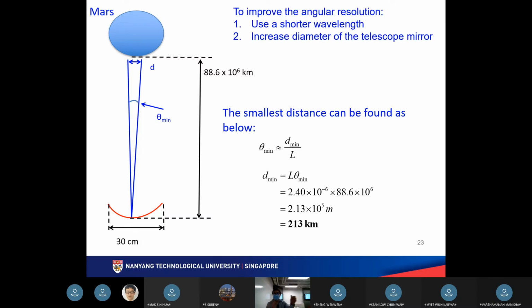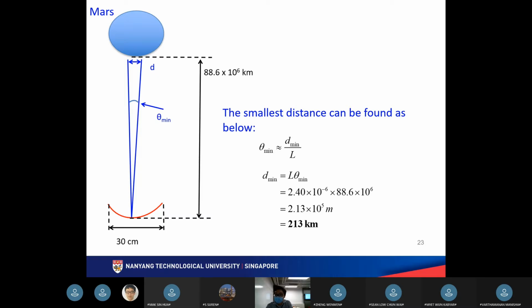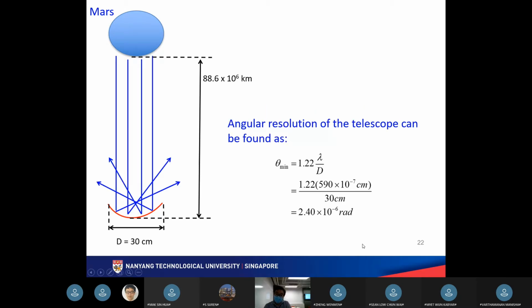So now, this is the angular resolution. As I said, in order to improve the resolution, what we should do is decrease theta, right? So if I want to decrease theta, how many ways are there?